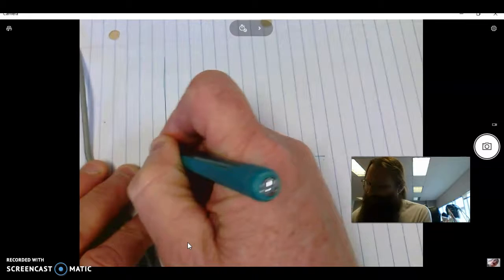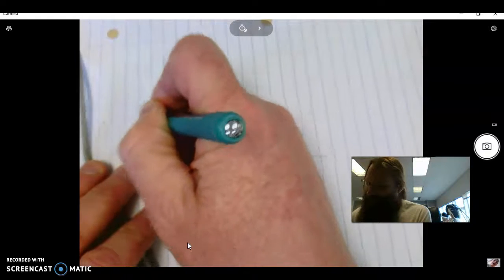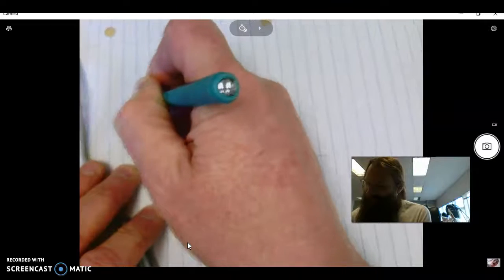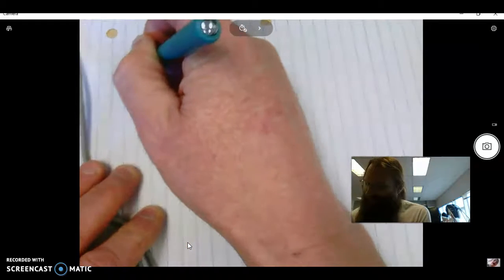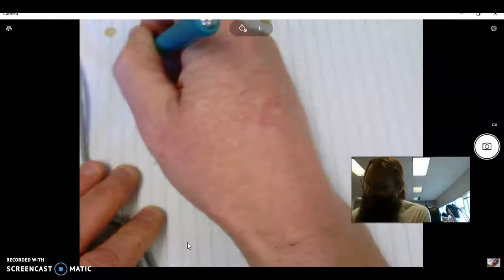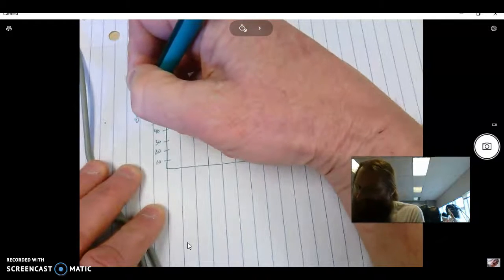We're going to number our ounces. We're counting by tens: 30, 40, 50, 60, 70, 80, 90, 100, 110, 120, 130. We will label this ounces.